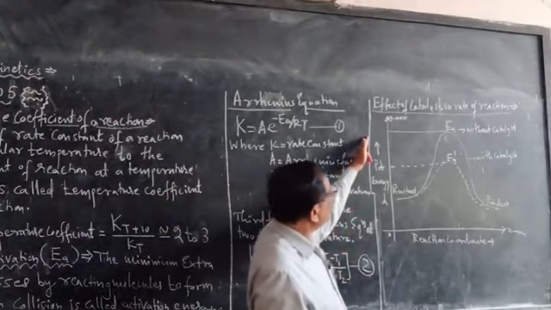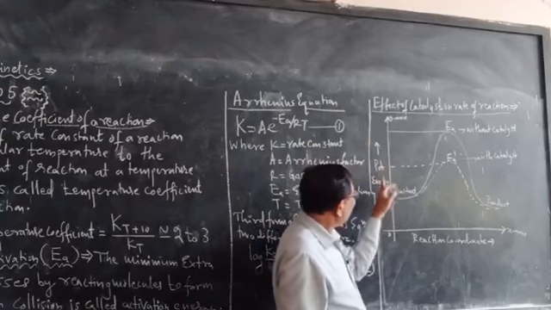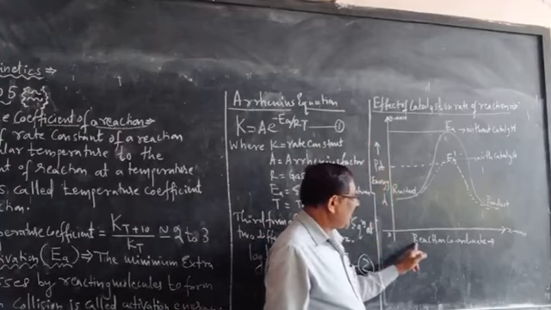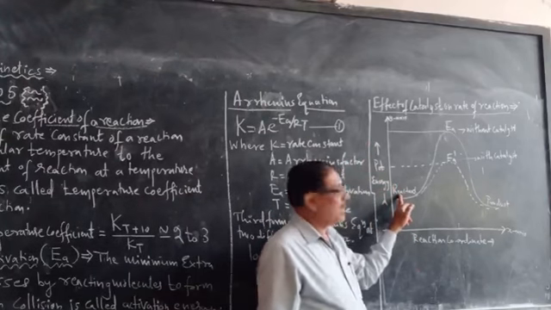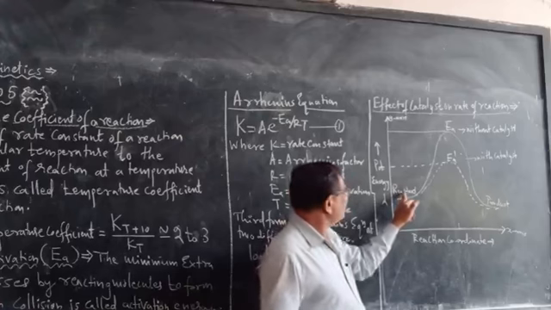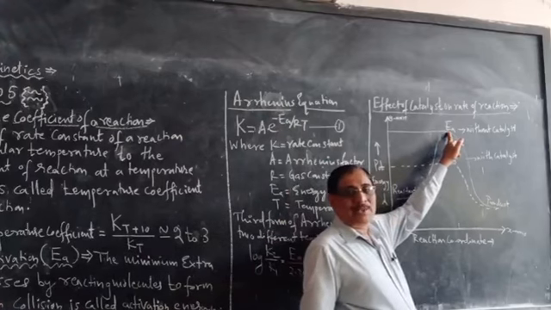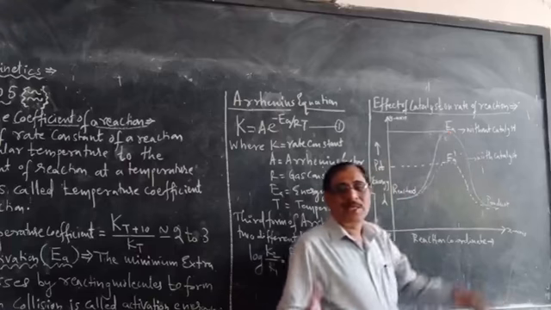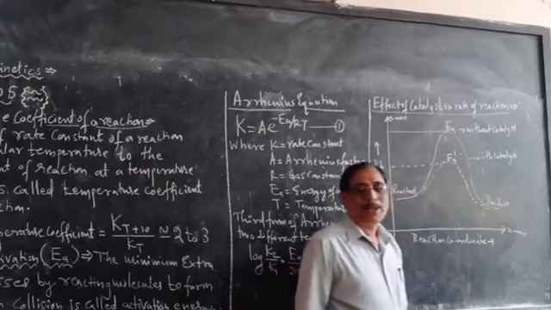We have potential energy on the y-axis and reaction coordinate on the x-axis. Reactant is taken. As time passes, the energy increases. So here Ea is the energy of activation, the energy possessed by the reactant, and then it will be converted into product.